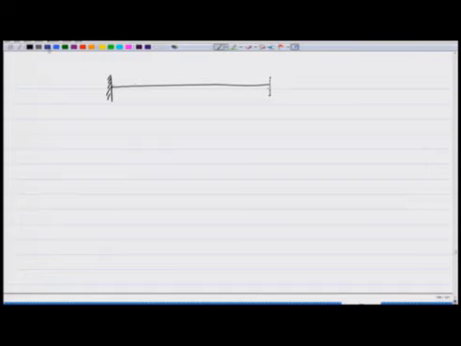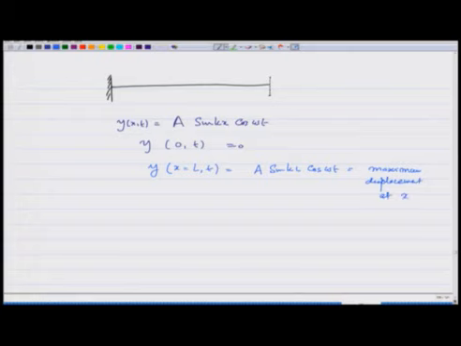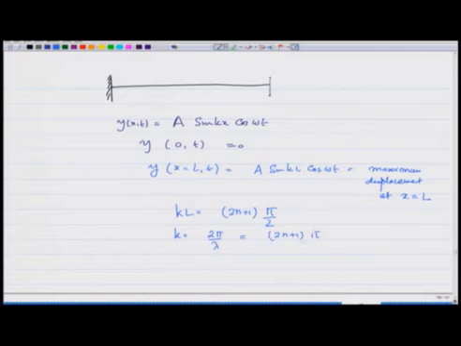In that case the standing wave, which is of the form y(x,t) = A sin kx cos omega t, has y at 0 still 0, but what I want now is that y at x equals L and t, which is A sin kL cos omega t, would have maximum displacement at x equals L. That means kL should be (2n plus 1) times pi by 2, and k being 2 pi over lambda should be equal to (2n plus 1) pi over 2L.